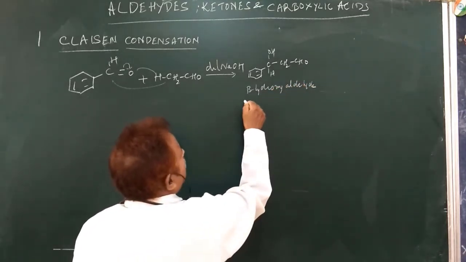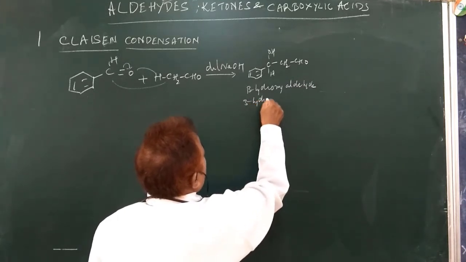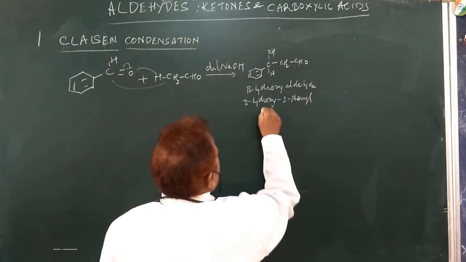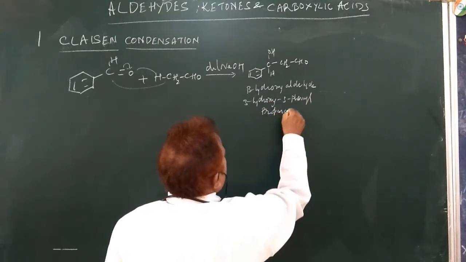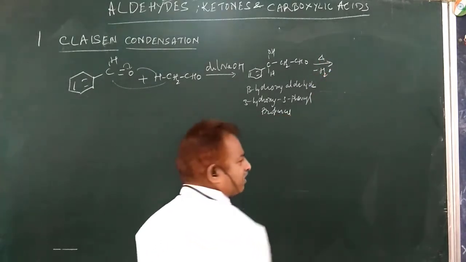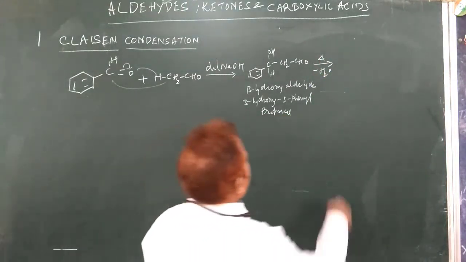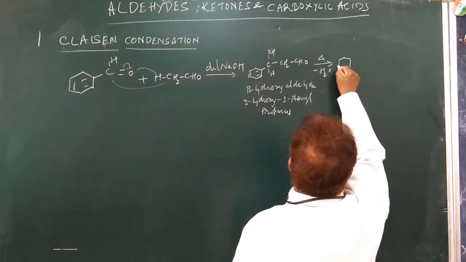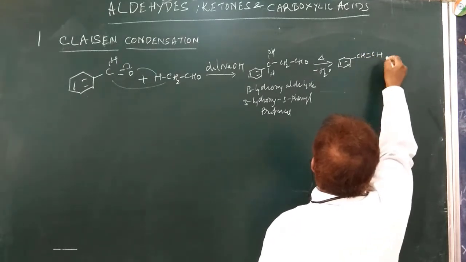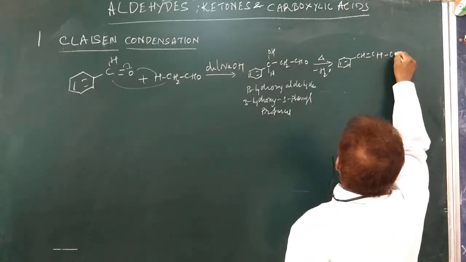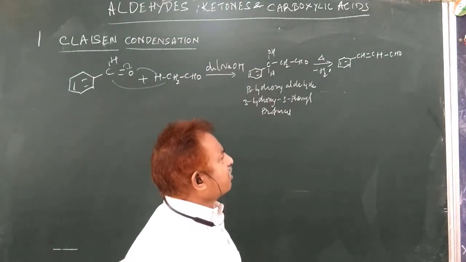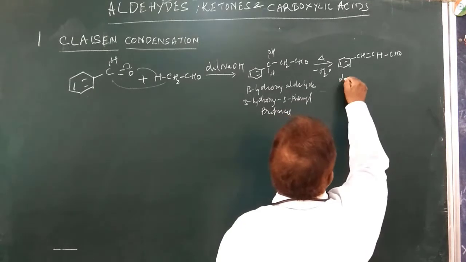This particular substance is 3-hydroxy-3-phenyl propanal. This is subjected to dehydration. When it is subjected to dehydration, water is removed, and we get CH=CH–CHO. This is an alpha beta unsaturated aldehyde.